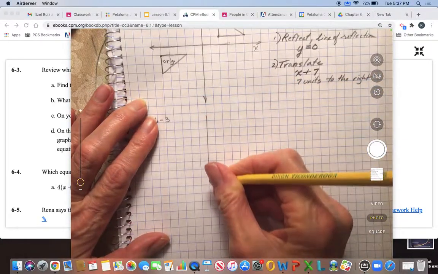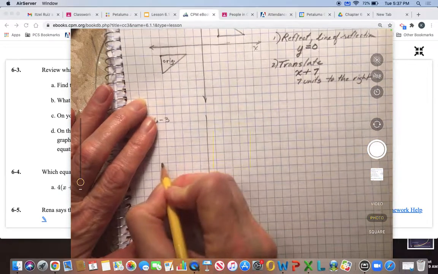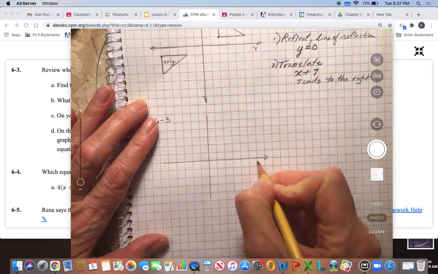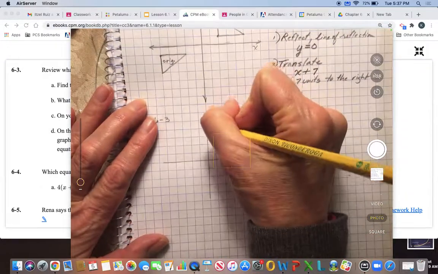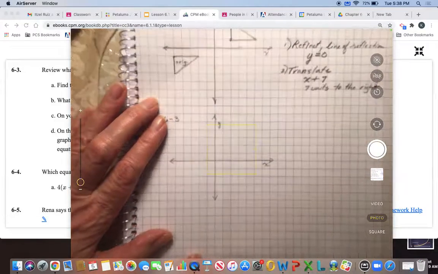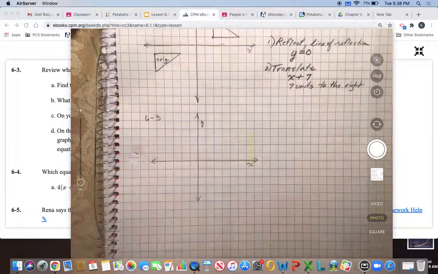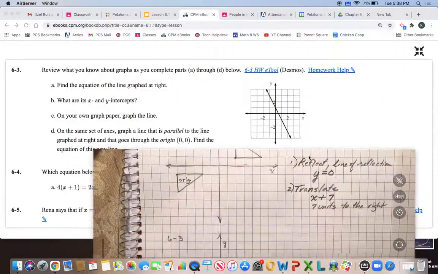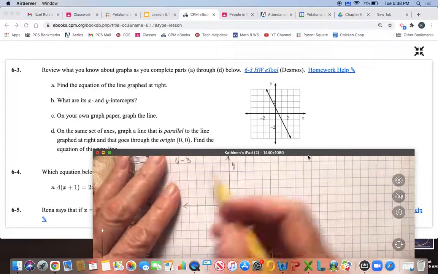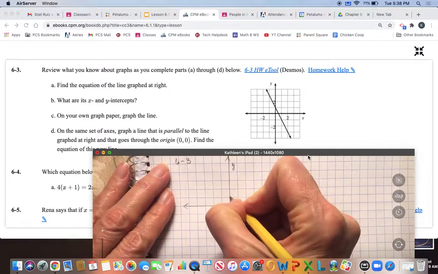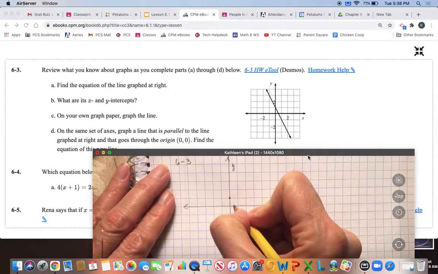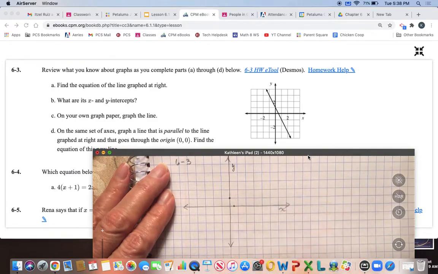So we'll make a quick set of axes. So this is X, this is Y. All right, and we know it needs to cross the y-axis at 1 and the x-axis at 1/2.